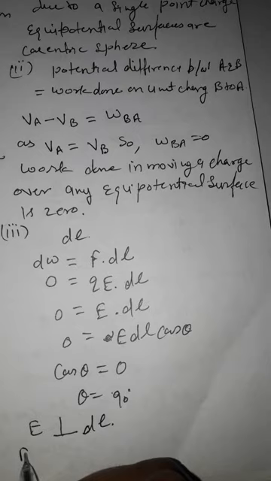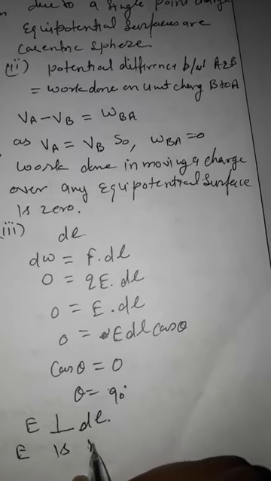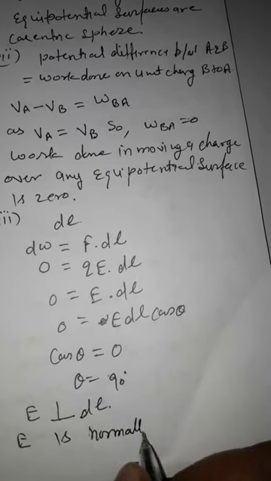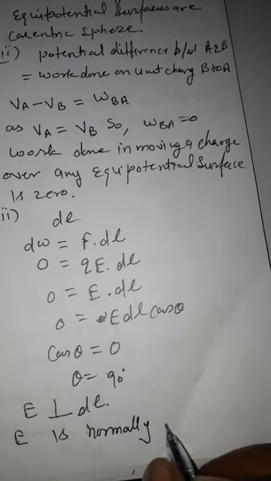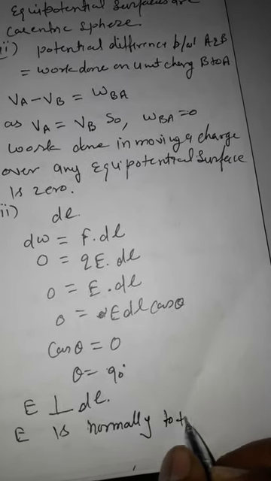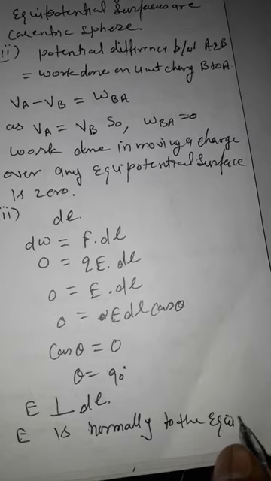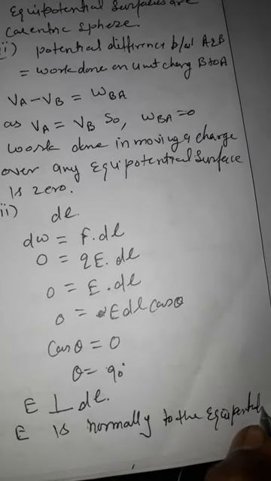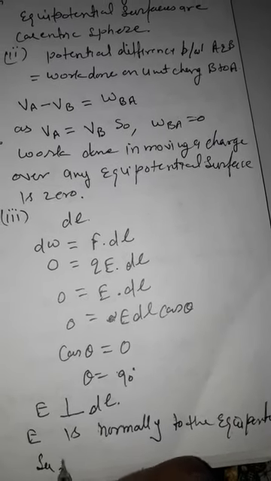So E is normally outward or inward to the equipotential surface.